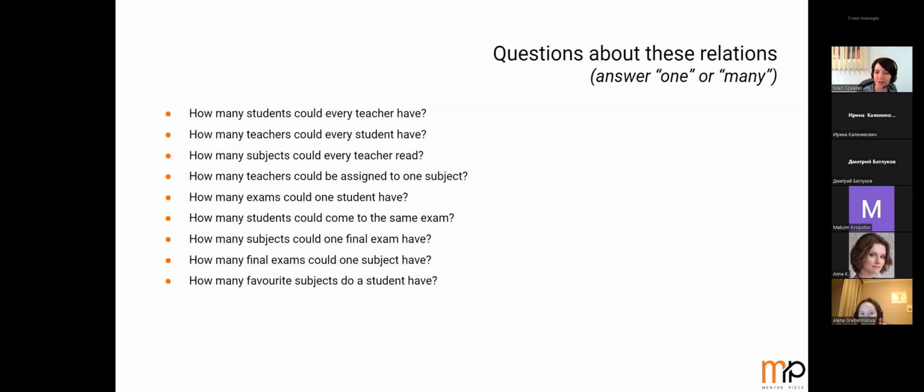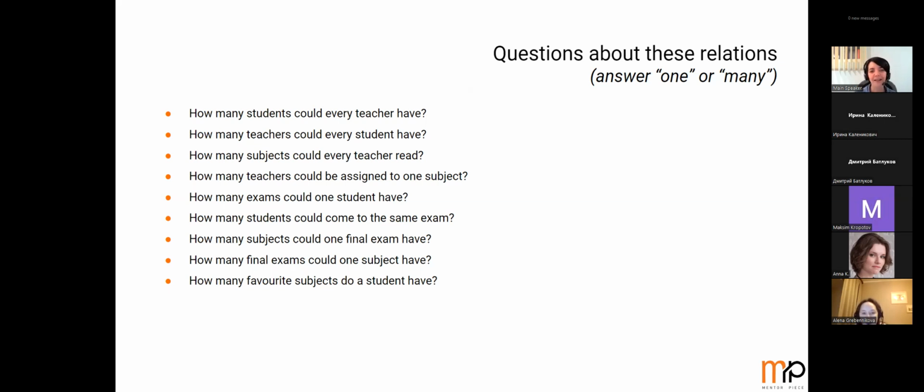And how many teachers could every student have? Many. The same, many. Okay. How many subjects could every teacher read? One, if we believe in the table. Are we working on this database, right? Yes, we are working with the same database so far.